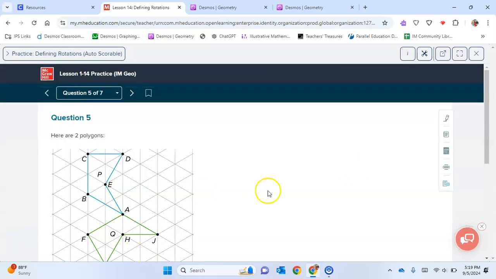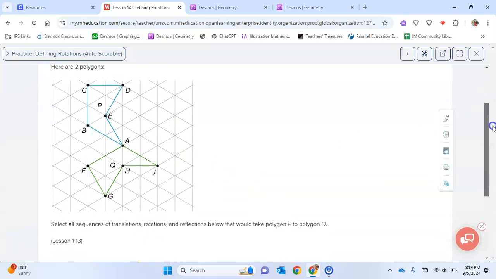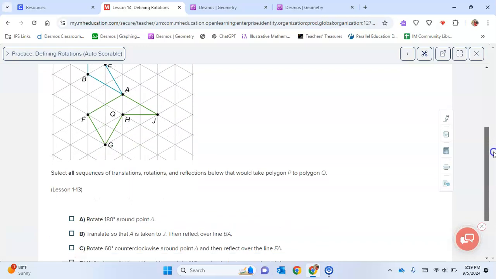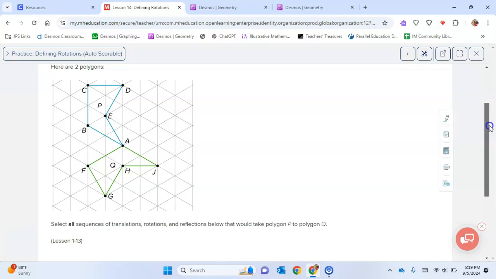Question 5. Here are 2 polygons. Select all sequences of translations, rotations, and reflections below that would take polygon P to polygon Q. All right, so we want to transform this blue polygon into the Q polygon.